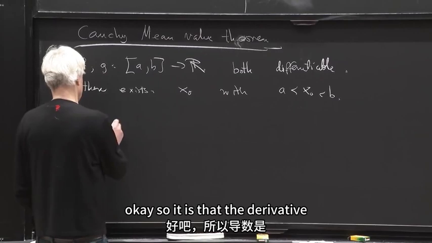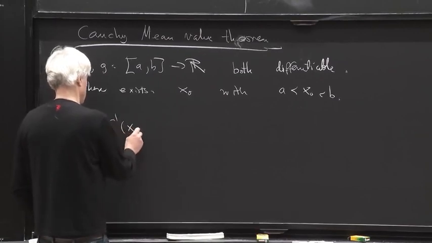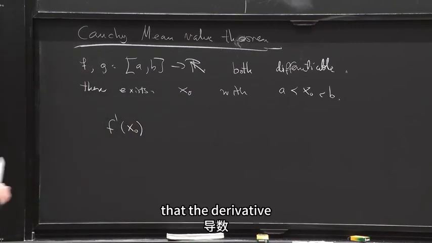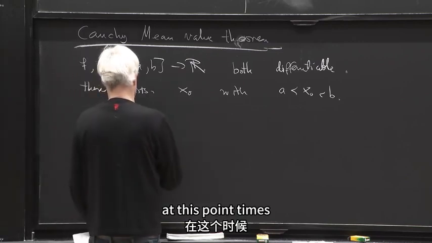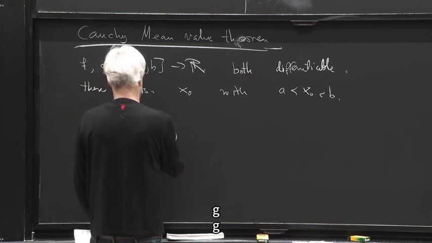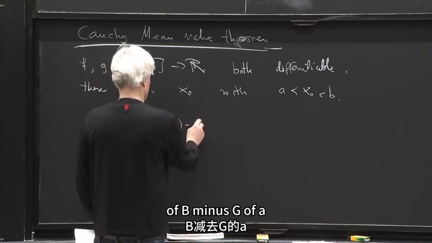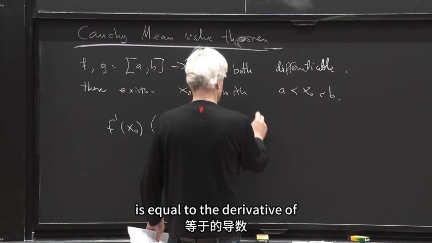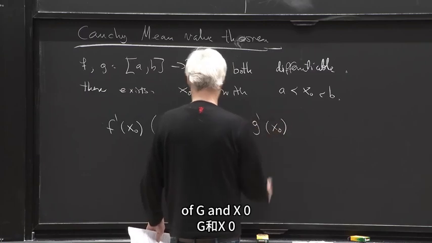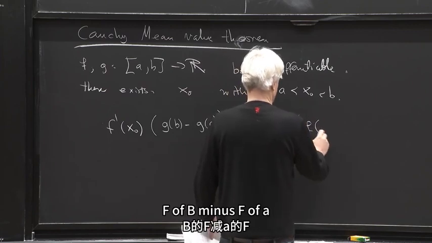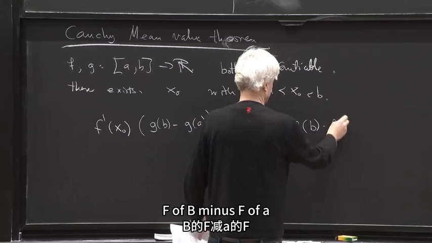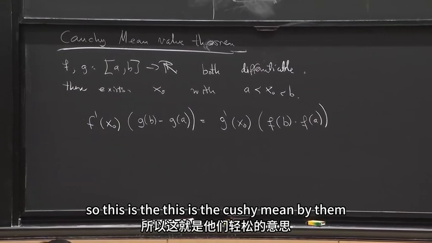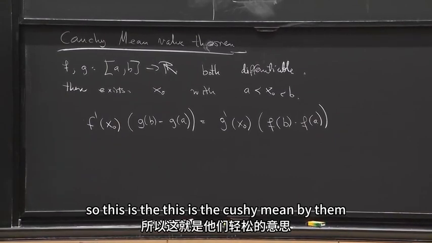Okay, so it is that the derivative of f at this point times g of b minus g of a is equal to the derivative of g at x0 times f of b minus f of a. I will explain this in a second. Okay. So this is the Cauchy mean value theorem.